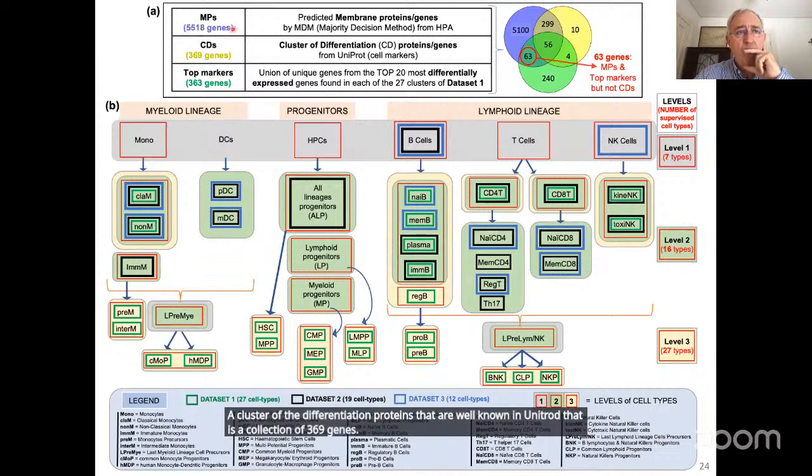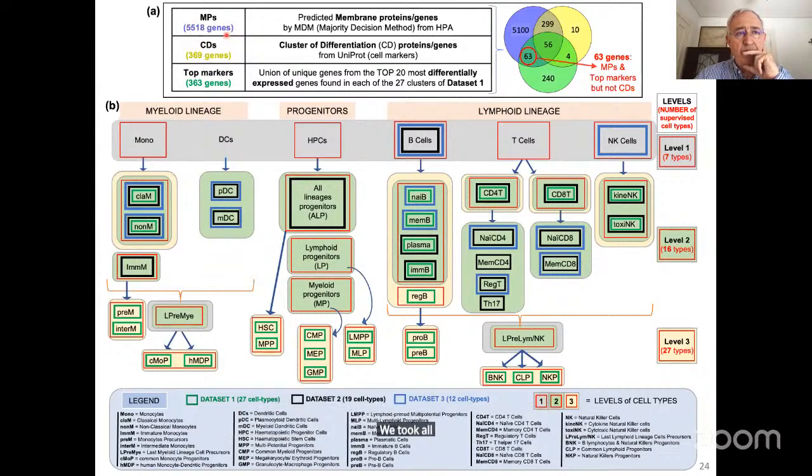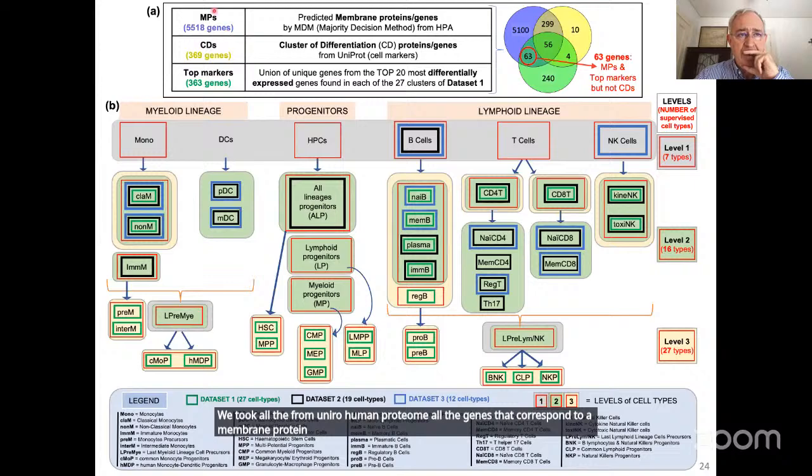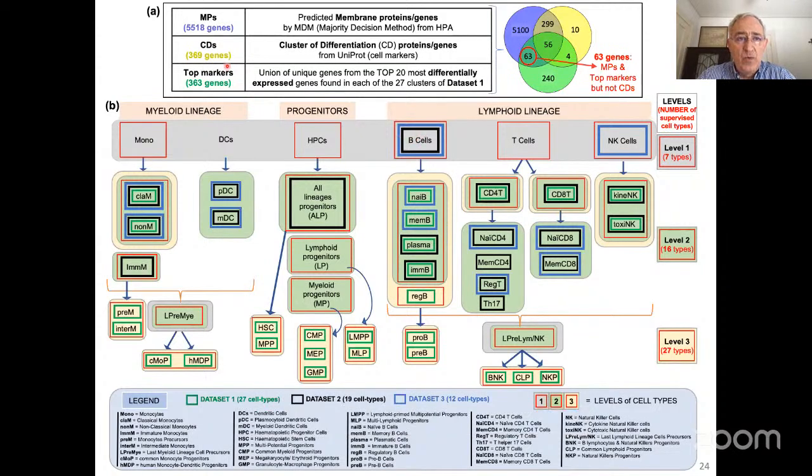We took from the UniProt human proteome all the genes that correspond to a membrane protein, probably in the cellular membrane. For that reason, good candidates to become a marker of the cell surface. And also, in a blind system, we took the top markers of the data sets without any kind of preselection.